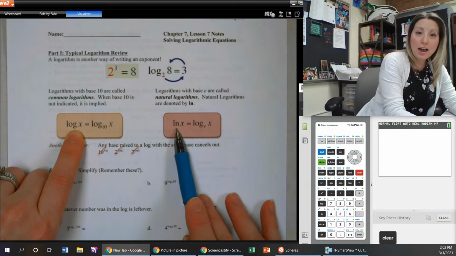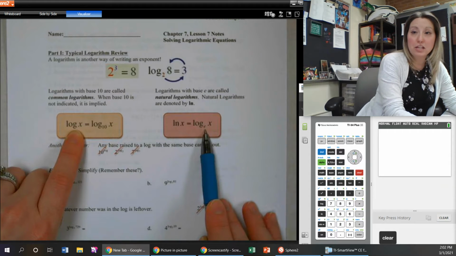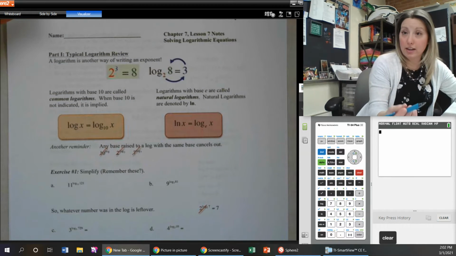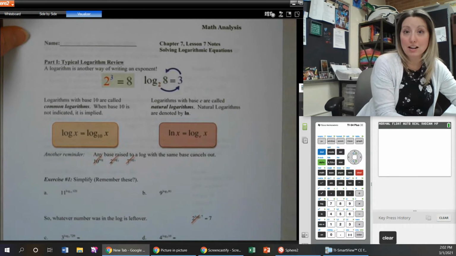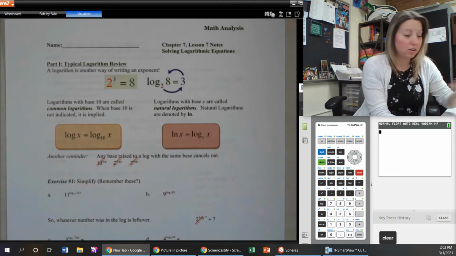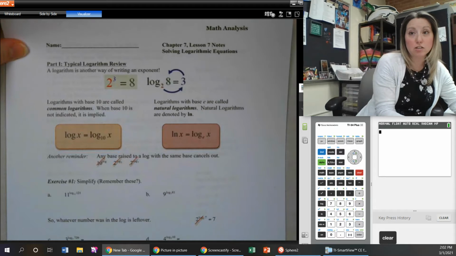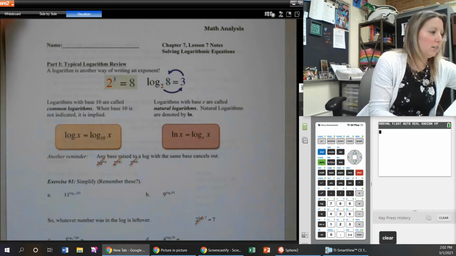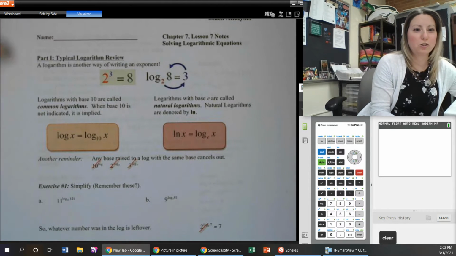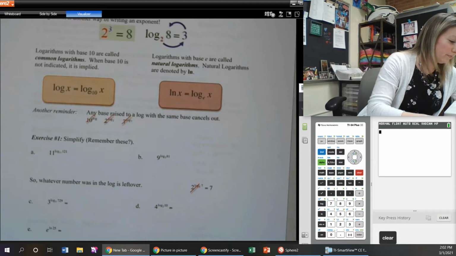If it's ln, that would be a base of e on the log, that Euler's number. And again, e is a constant, just like pi is. It's just an irrational constant. Okay? It's called e, Euler's number. If I haven't yet, I will assign you guys the Euler's number video. Good explanation as to what that is.